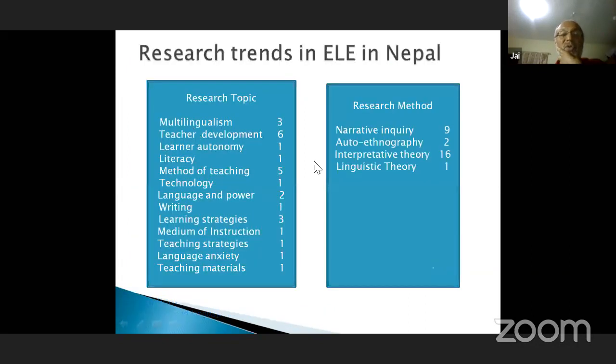Then look at the research trends in ELT in Nepal. I reviewed 28 MPhil theses to see the trend of ELT in the Nepalese theses, because I could not do a big research.